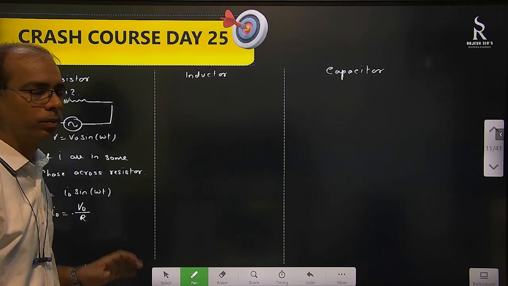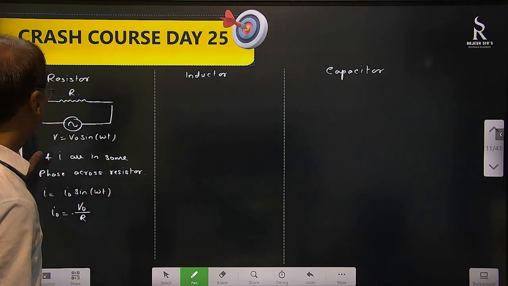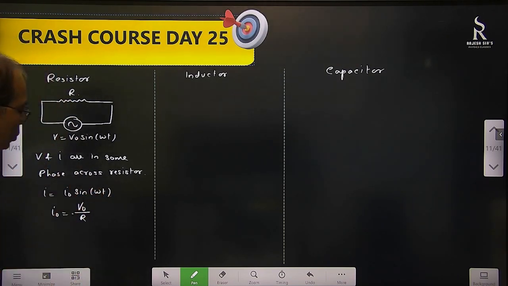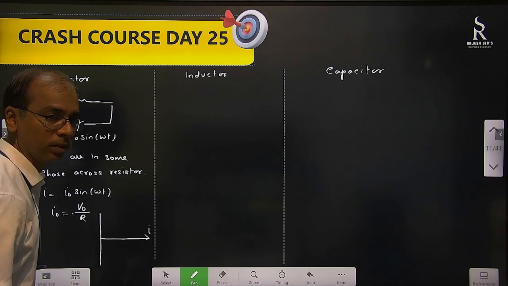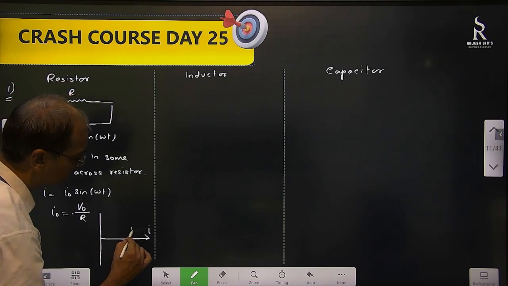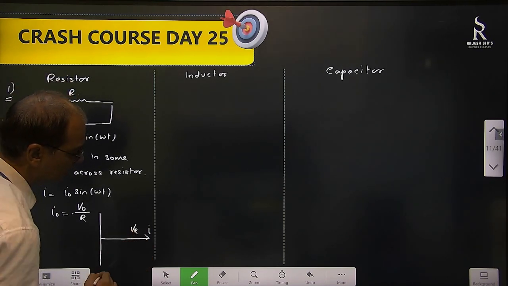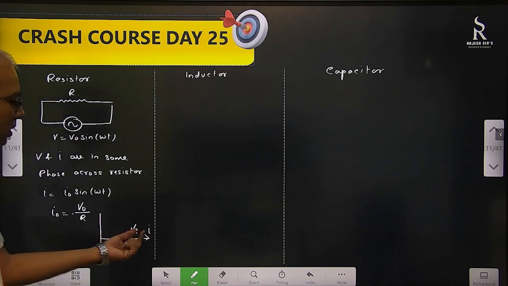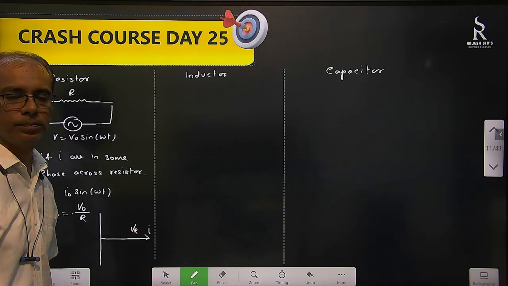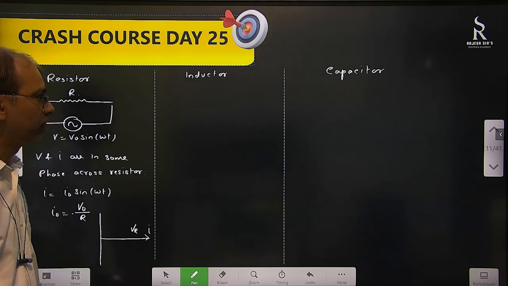So when I have to put it in a phasor diagram across resistor, the phasor diagram will be like this. Current is here because we show it like this only. And along with that, potential drop across resistor. Both are in same phase. This is I, this is VR.